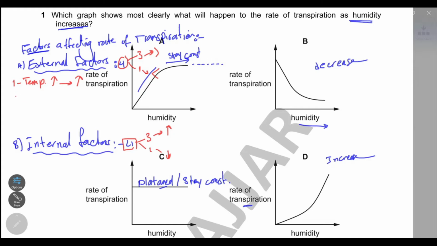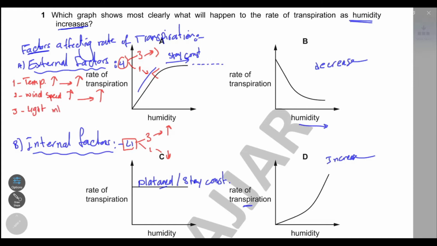Number two, the speed of wind or wind speed. When it increases, the rate will also increase. The third external factor is the light intensity.